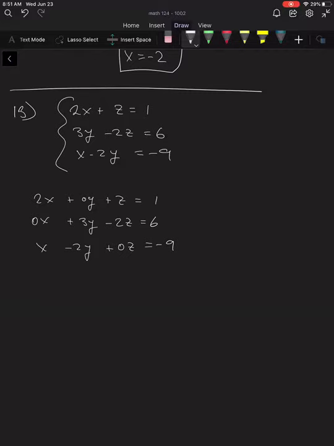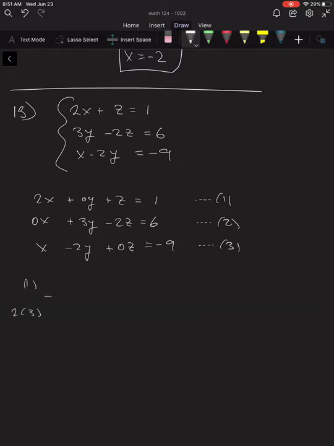One thing that we can do here is let's label these equations 1, 2, 3. So we can combine equations 1 and 2 or 1 and 3 together to get rid of the x's. Notice that we have a 2 in front of this x and a 1 in front of this x. So let's just rewrite equation 1, and now let's multiply 2 times equation 3, so then we'll have the same number in front of the x's.